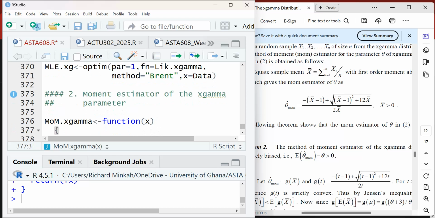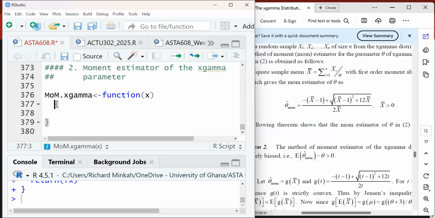To do this, I'm going to break it into two so that it becomes easier. I'm going to do the numerator and the denominator, then divide the numerator by the denominator. First of all, I need S bar.